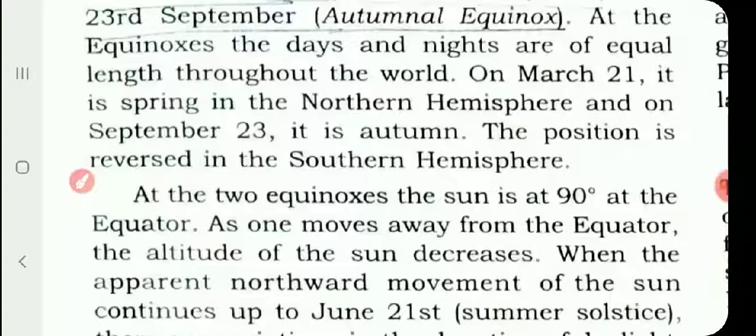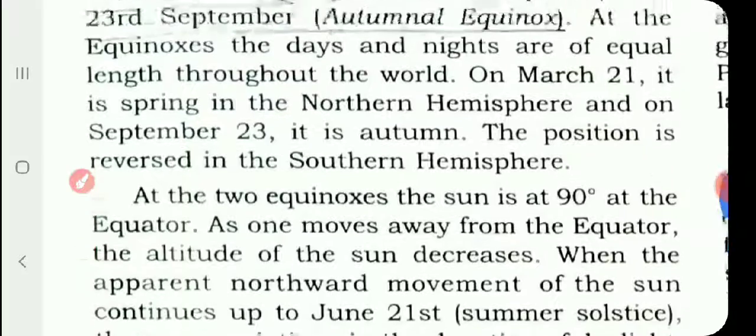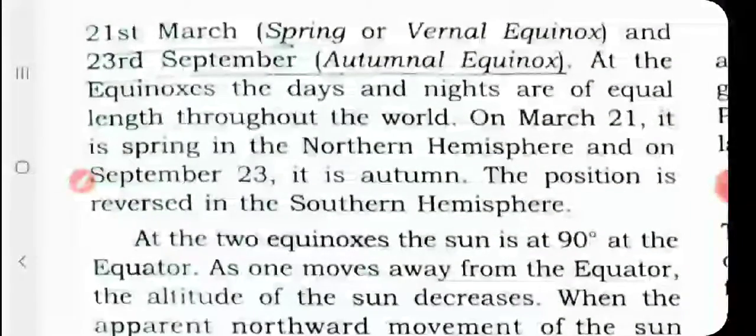And slowly, after the equinox, the sun moves towards the southern hemisphere, and when we reach 23rd December, we will have the shortest day. From there the sun slowly moves towards the equator. When it reaches the 21st March equinox, from the equator the sun again moves towards the northern hemisphere.